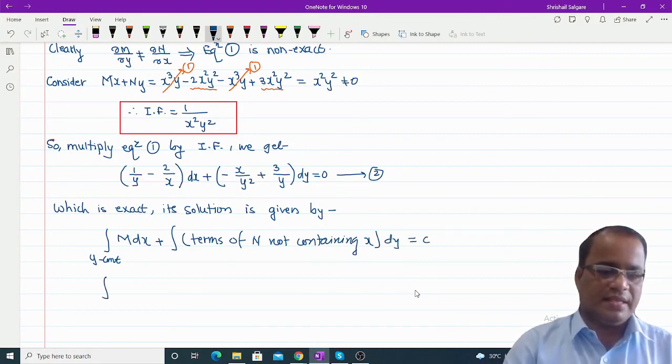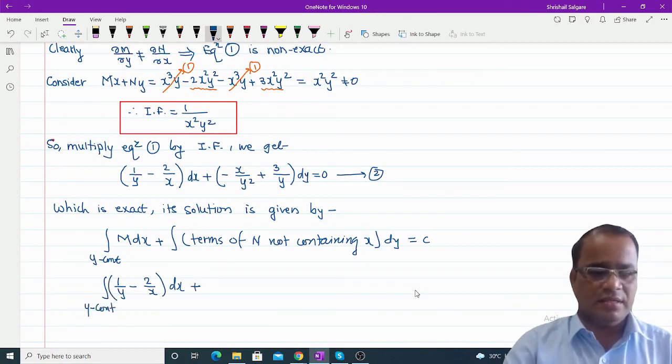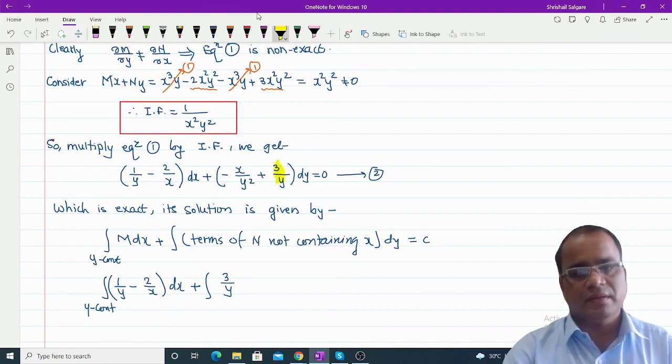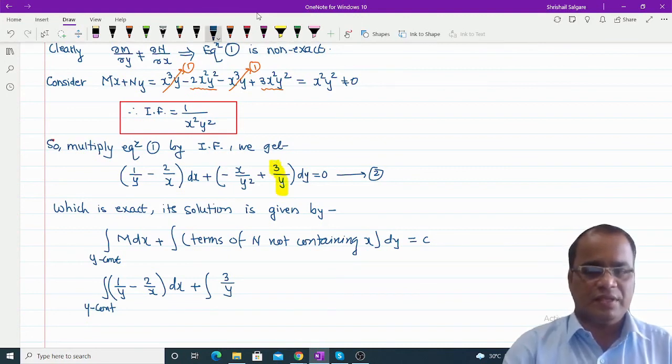Now in this case m is 1 upon y minus 2 upon x. You have to take the integral with respect to x, and you have to take y as a constant. Is there any term which is free from x? I think the second term is free, this one, 3 upon y, there is no x term. So integration with respect to y equal to c.